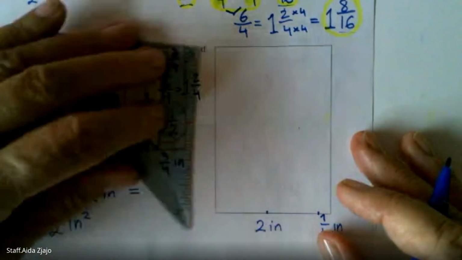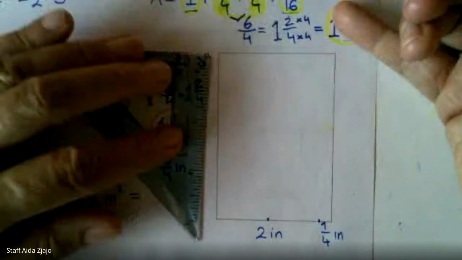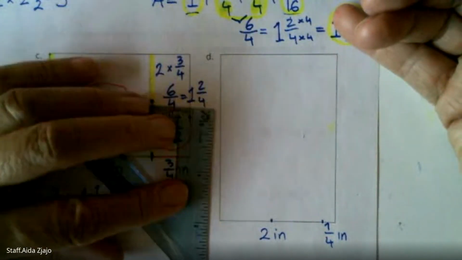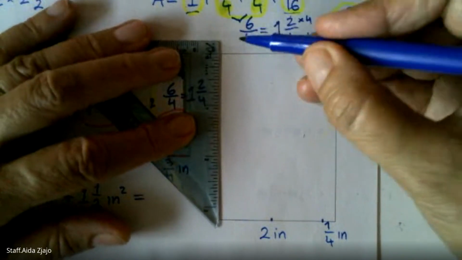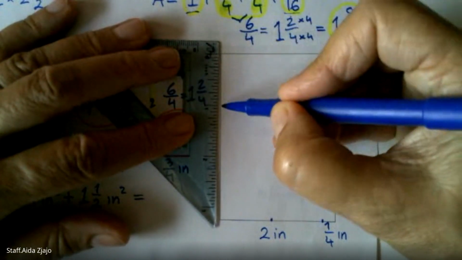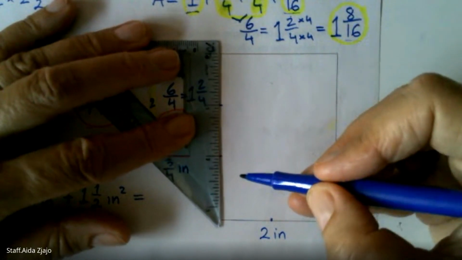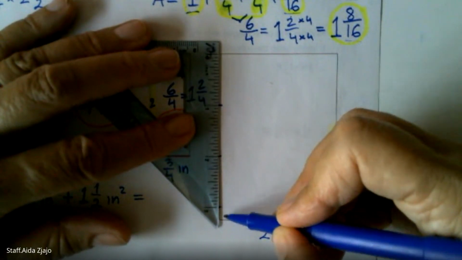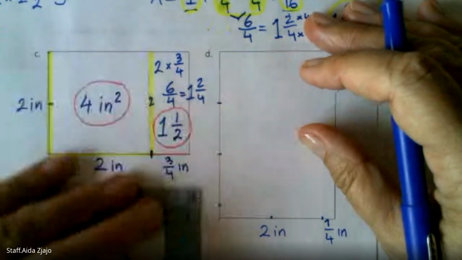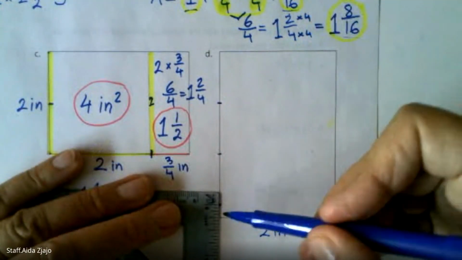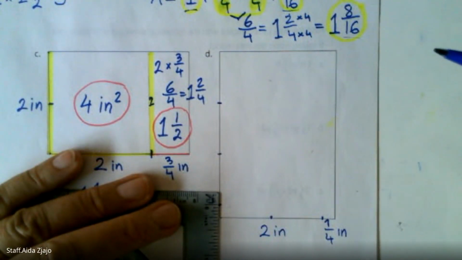Okay. Now let's see. This one is okay. I start from the top. And that is 1 inch, 2 inches, 3 inches, and then 1/4 of an inch. Okay, so I will show you here 1/4 of an inch.